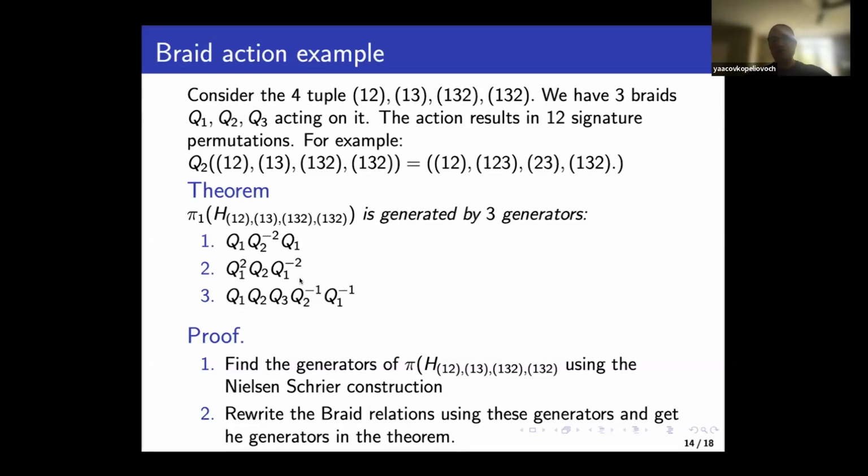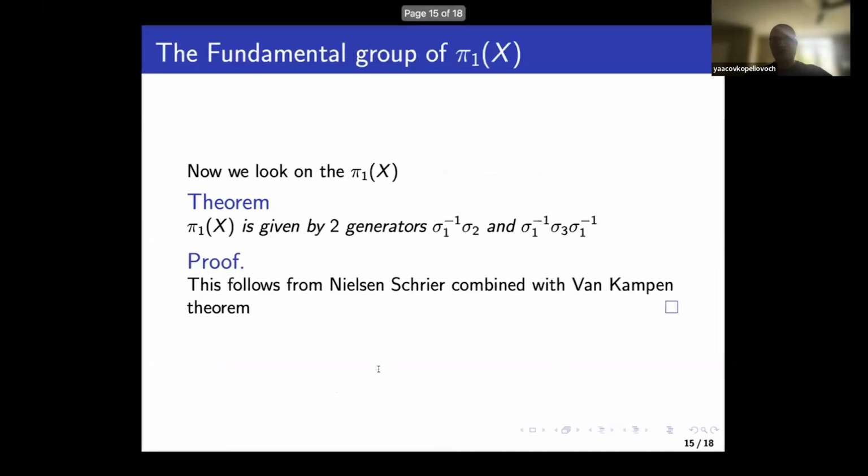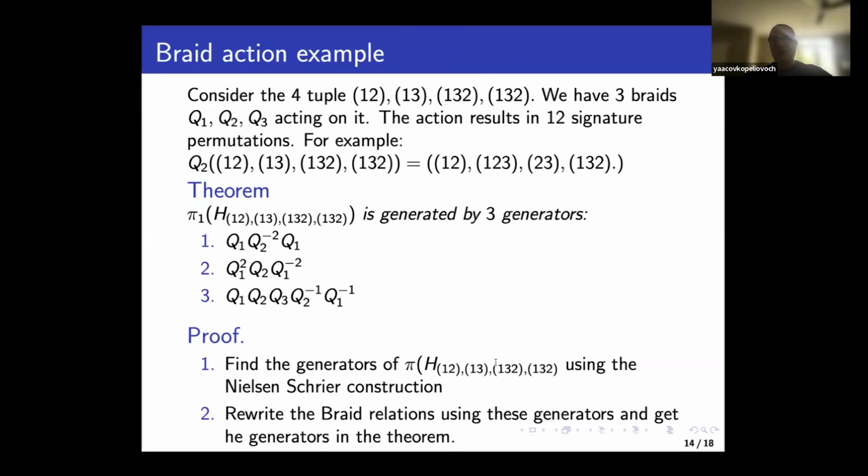How do I know that? Here's a proof. It's very easy, kind of by hand. You find the generators of this fundamental group using the Nielsen-Schreier construction. The Nielsen-Schreier construction gives you a way, if you have a free group, to find the generators of a subgroup. What you do here, you forget about the fact that it's a braid group.